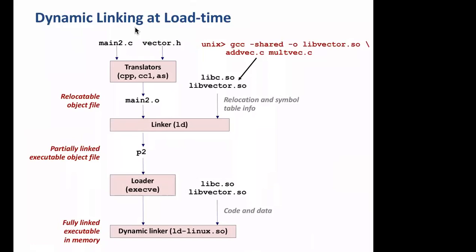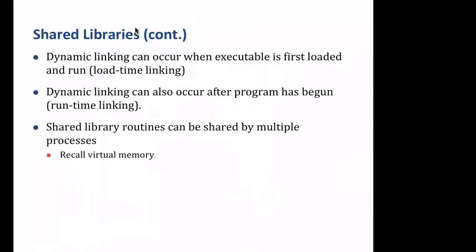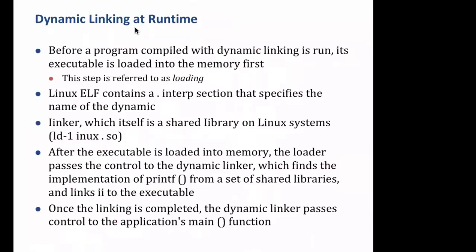That function is brought in by the loader and executed. That's called dynamic linking. It means the linking happens, or the function is brought in from the library, only at runtime when there is a call to a library function. This reduces a lot of problems. Please go through it.